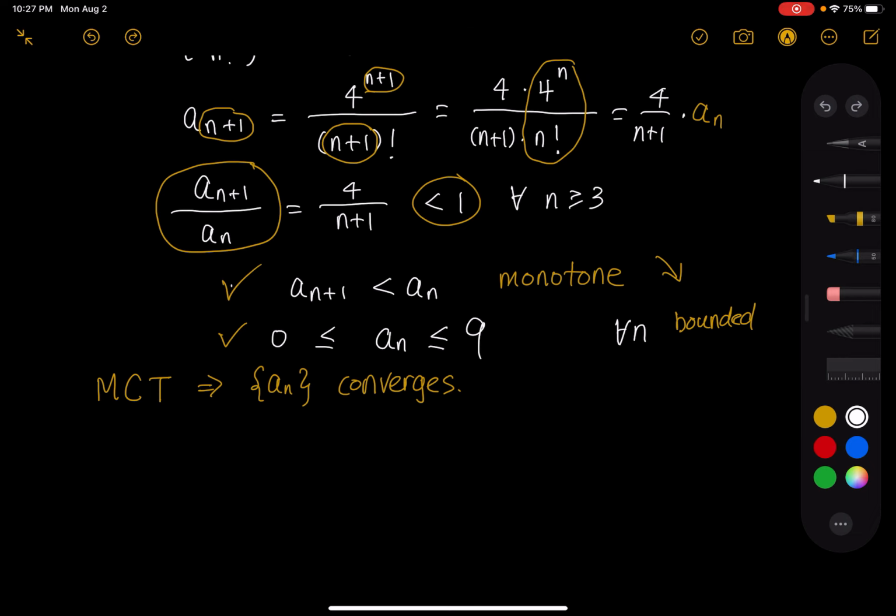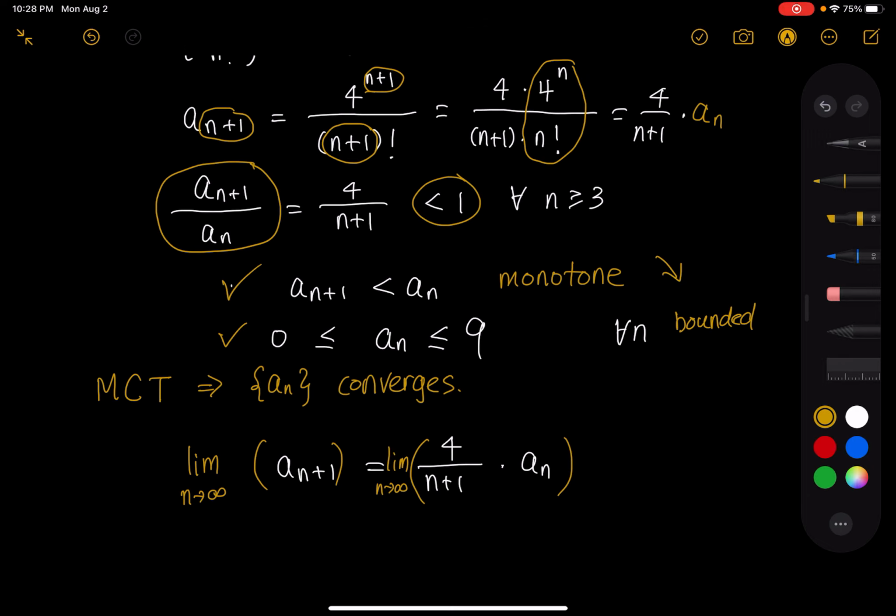What we need to do is use the relationship that we found: a_{n+1} equals 4 over (n+1) times a_n. We take the limit as n goes to infinity on both sides. And why is this smart?